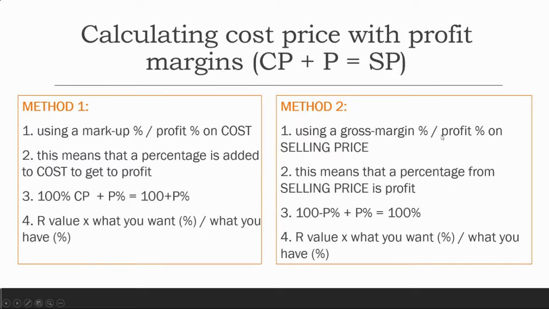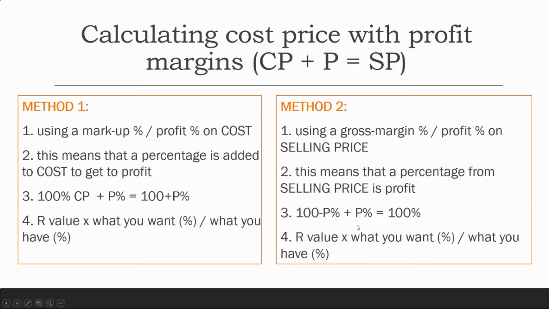If it is the gross margin, which is the other method, your profit percentage is on your selling price. So markup goes with cost, gross margin goes with selling price. What does that mean? Our selling price would be the 100%.